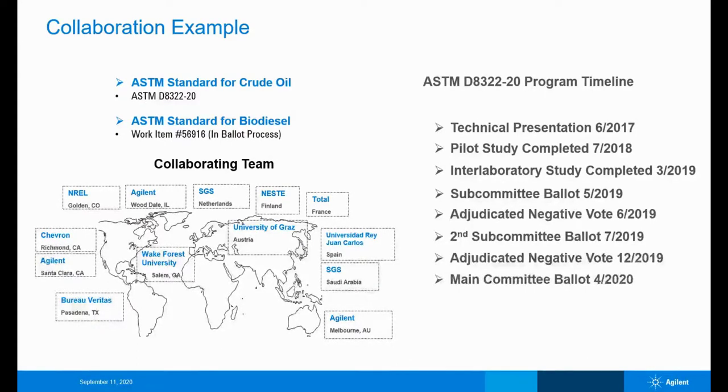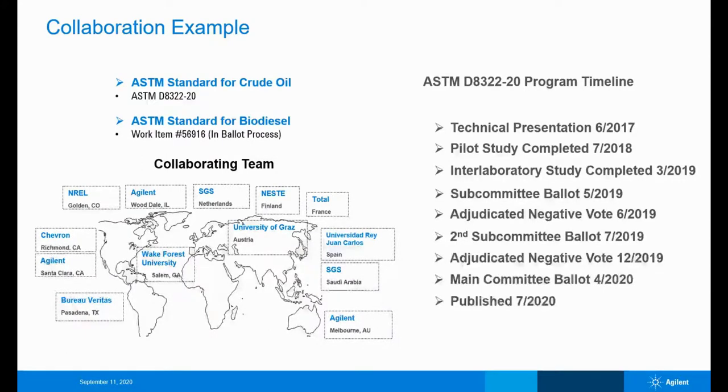Therefore, the proposed standards moved on. As far as D8322 is concerned, it moved on to main committee ballot. Now at this time, the second standard had to be reballoted at subcommittee for a third time. So that's not shown here, but it started falling behind.